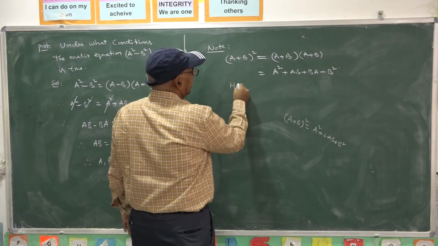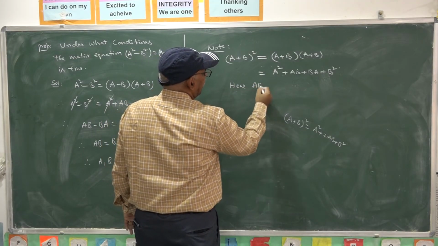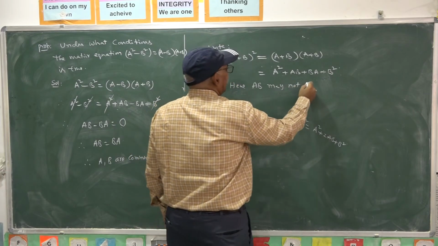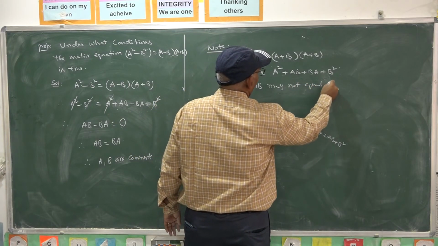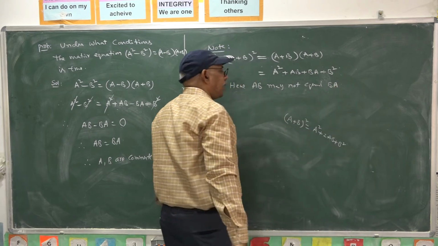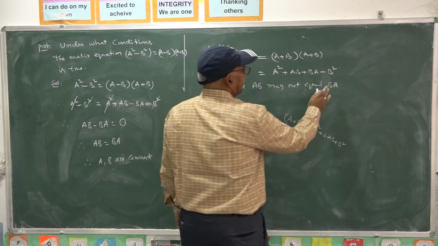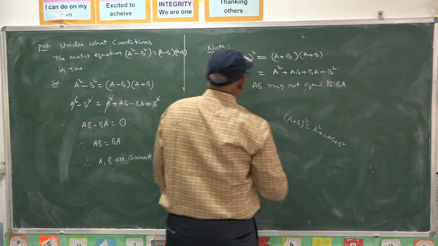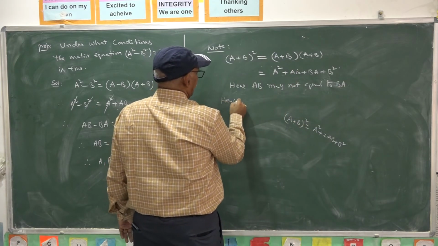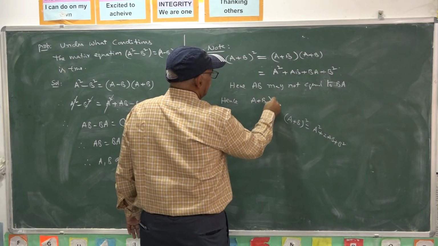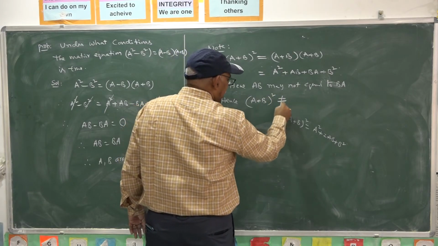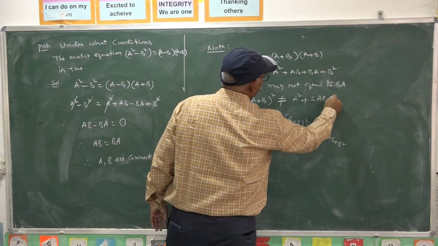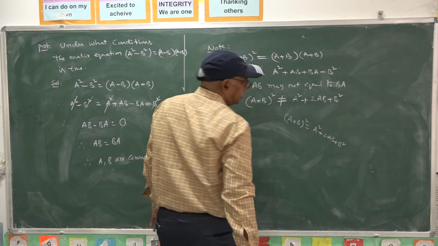Here AB may not equal BA. Hence, A plus B whole square is not equal to A square plus 2AB plus B square.